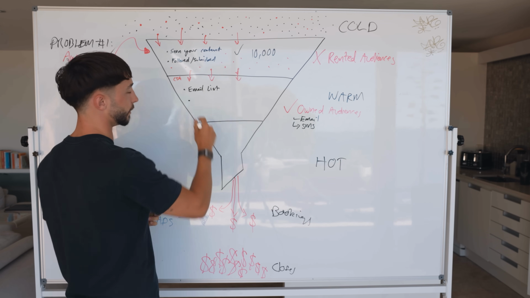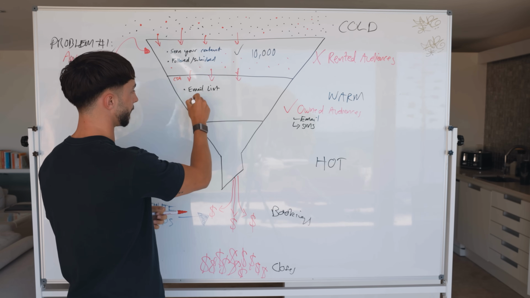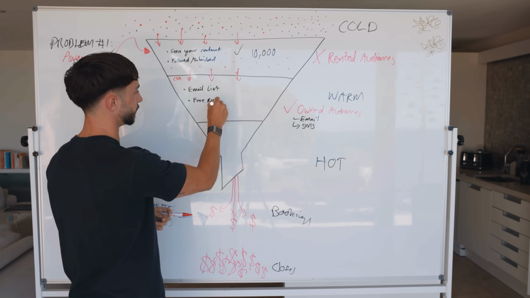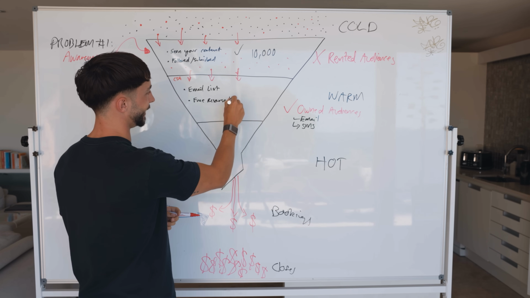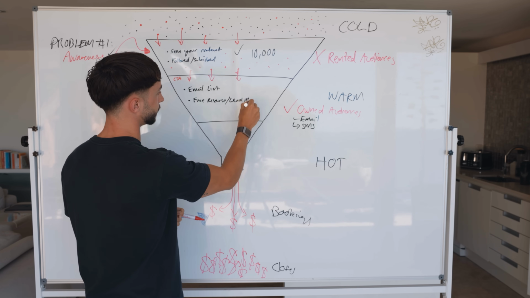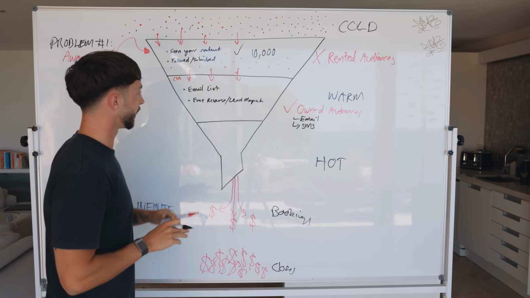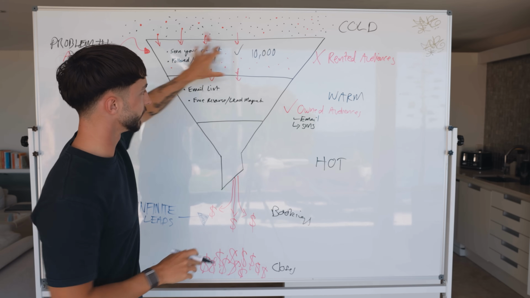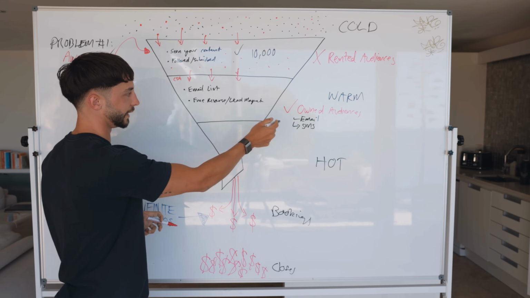So using an example of what I've literally given to you guys in this video, it's a free resource, or what's called a lead magnet. And that CTA is going to take you from this audience here, the rented audience, into your own audience, where you have the email or SMS.